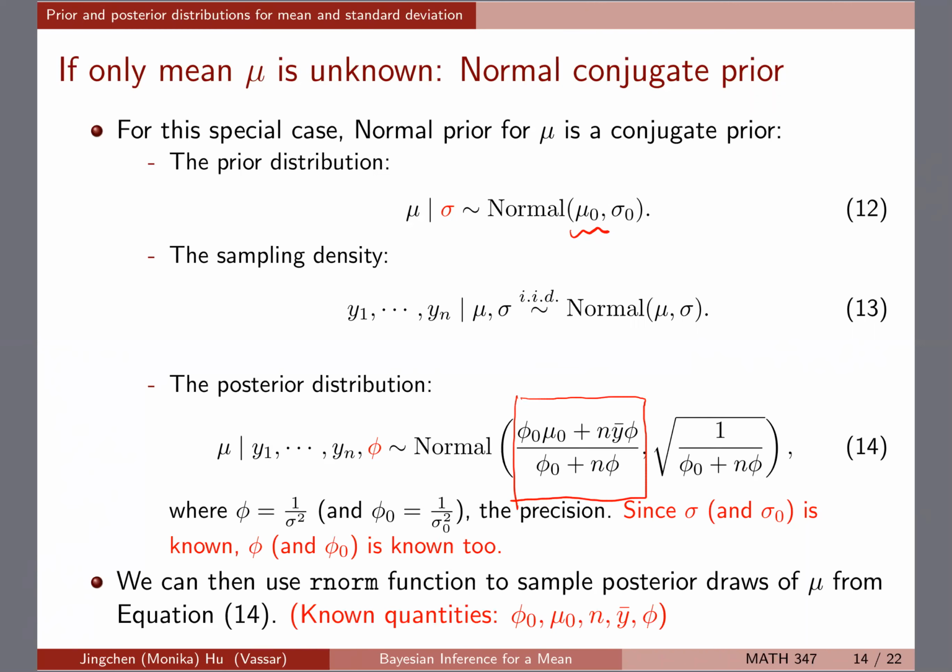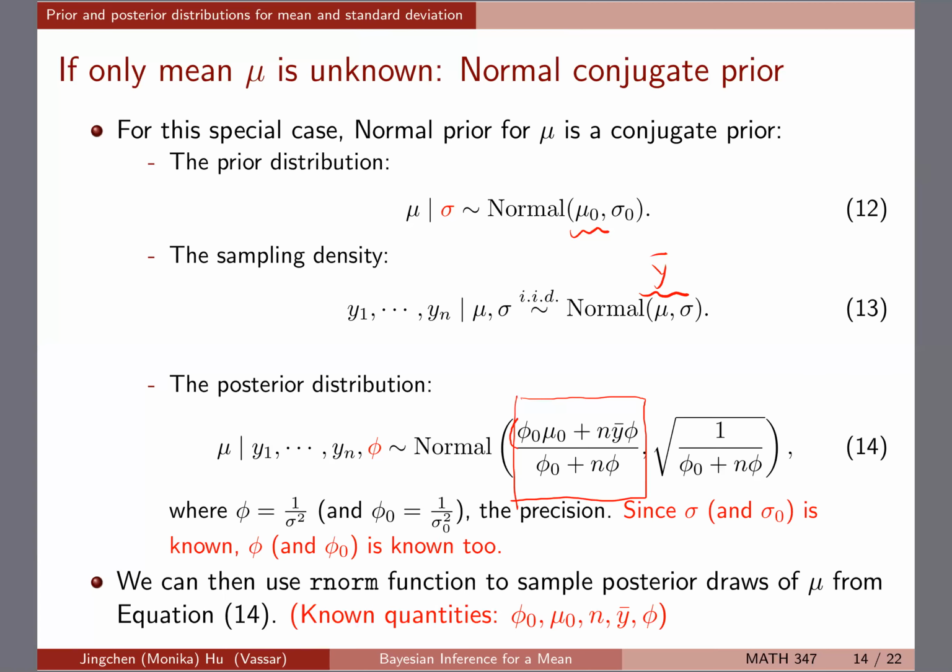The sample mean, you can think of it as y bar, but you can also think about it as the sample sum in some sense, because that's all the contribution together. So you can see that the numerator is phi0 times the prior mean plus phi times the sample mean, or the data mean, right? I think it's easier to just recognize the sample mean. Sorry about that. So just focus on the sample mean.